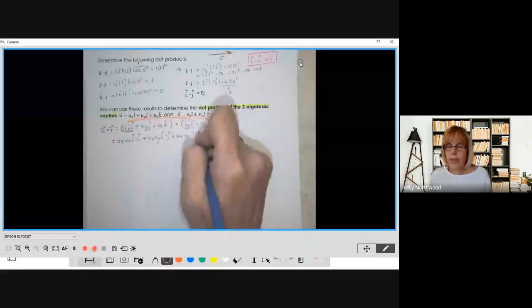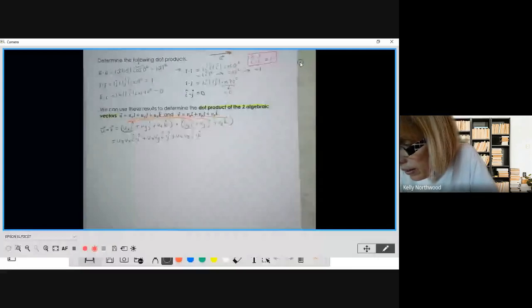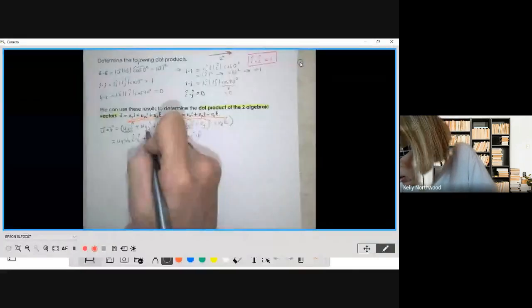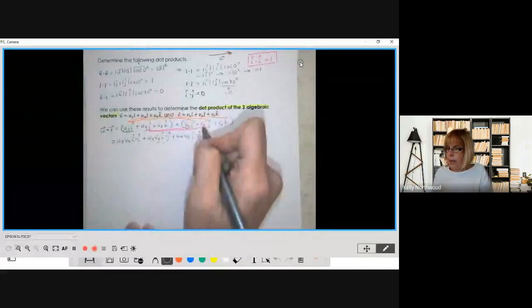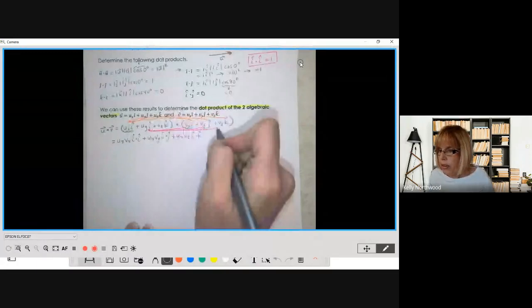All right, so now I'm going to multiply the second term in the first bracket by each, or dot, I should say, dot multiplication there, by each term in the third.